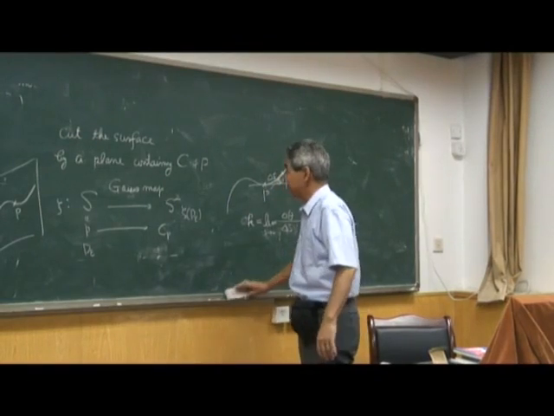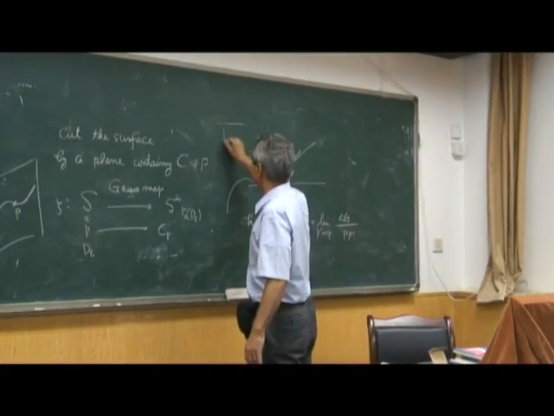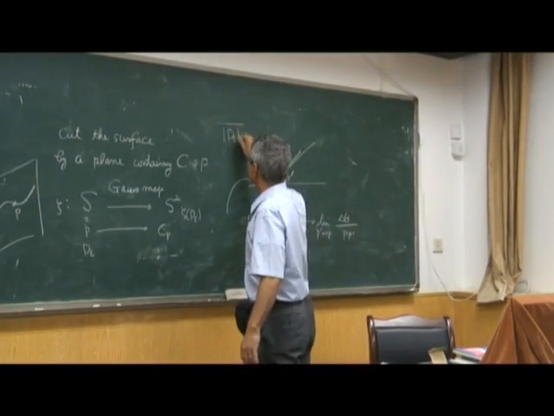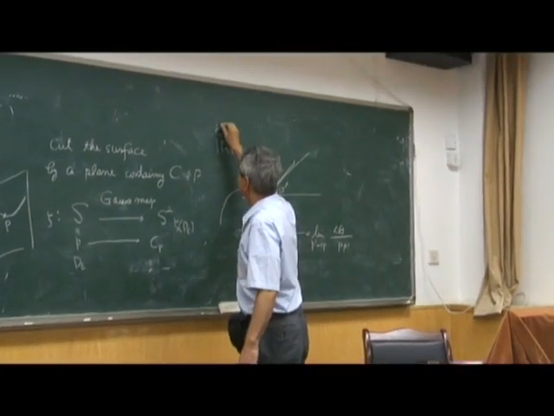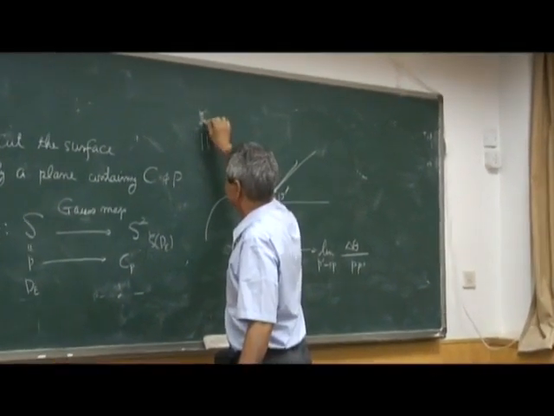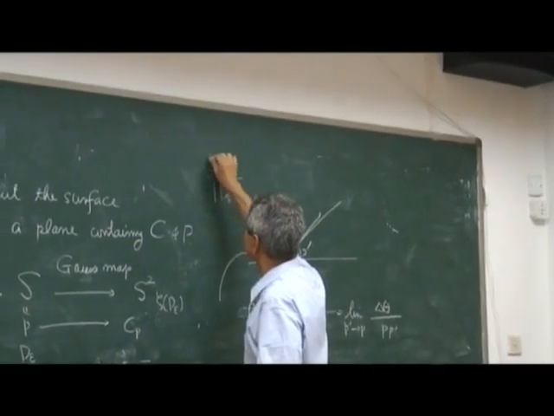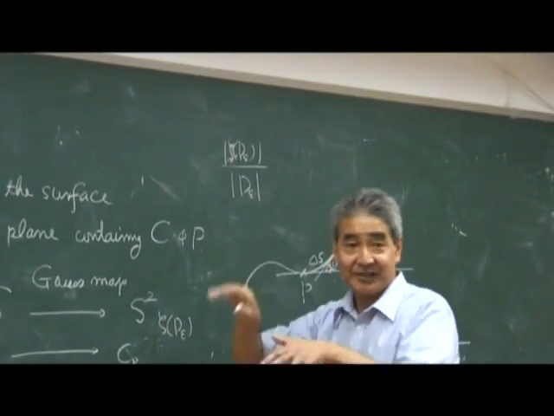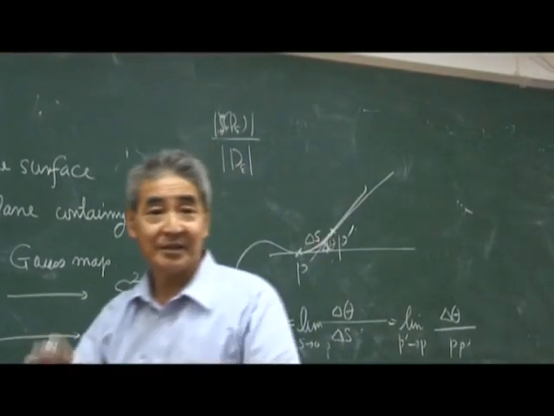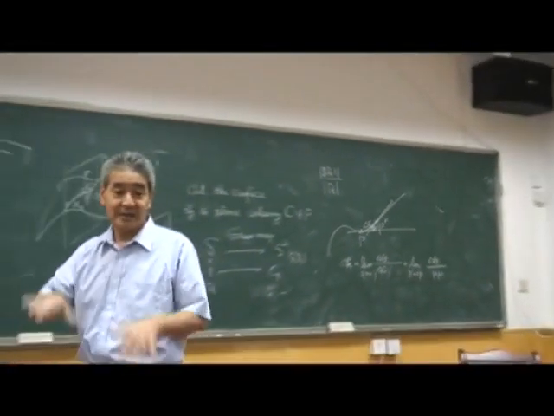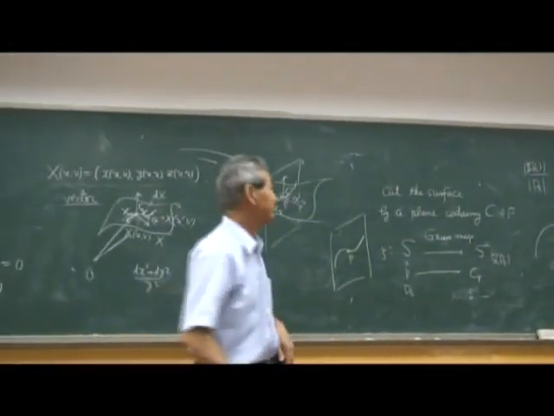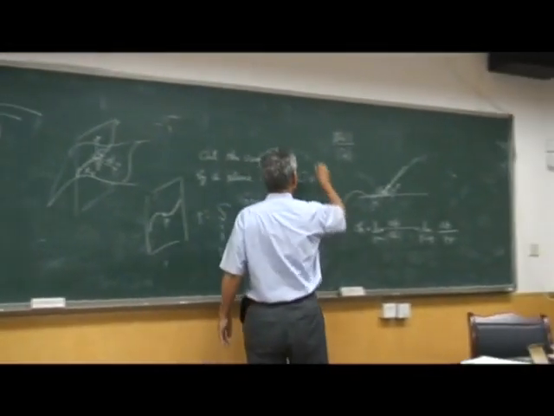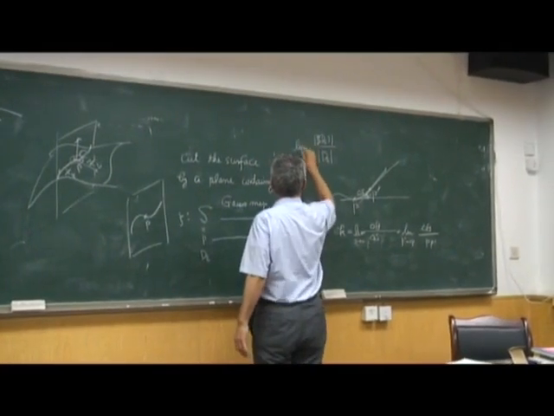So the one possibility is to compare the area epsilon and the area of the image, and this gives you how curved the surface is. And of course at each point you take a limit.